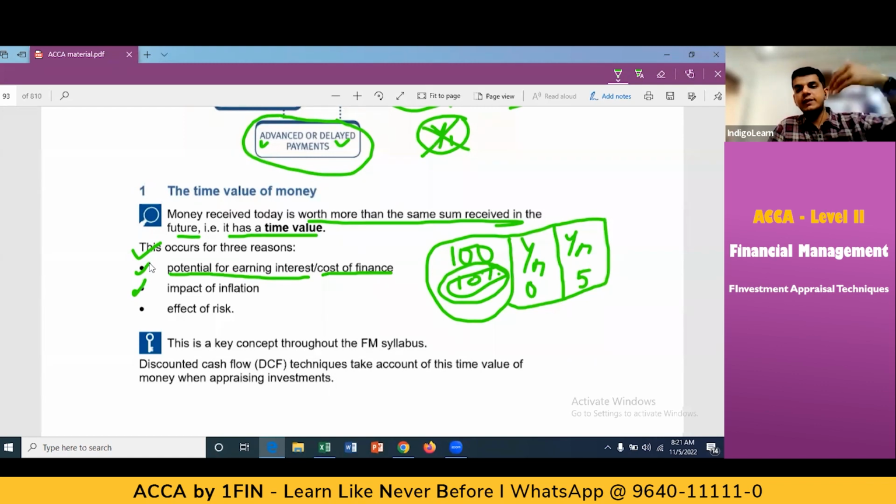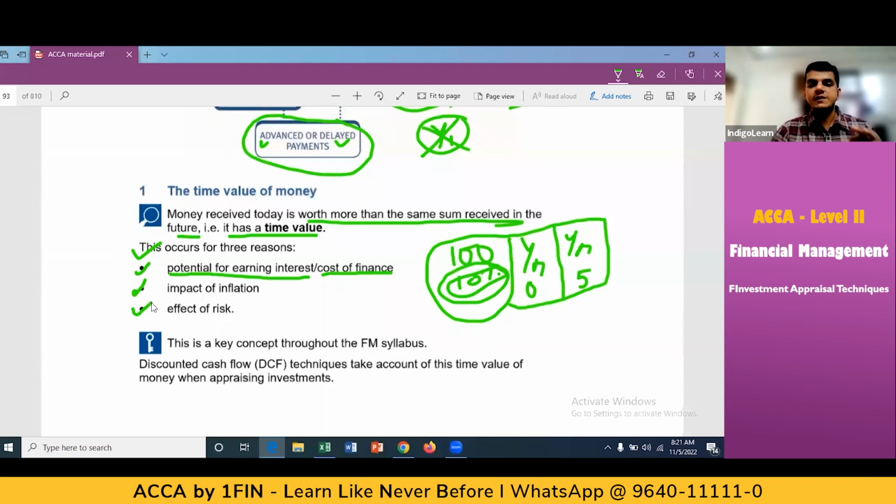After 10 years, with 10,000 rupees, I won't be able to buy the same quantity X. Obviously, the prices would have gone up and I would be able to buy something less only. So that is the depreciation in the purchasing power of money due to inflation, which is a factor considered while deciding the time value of money.